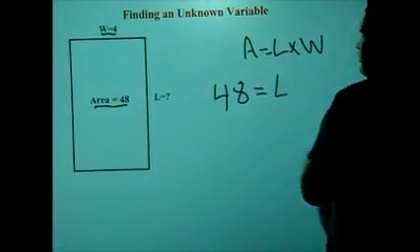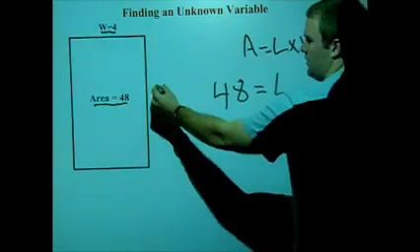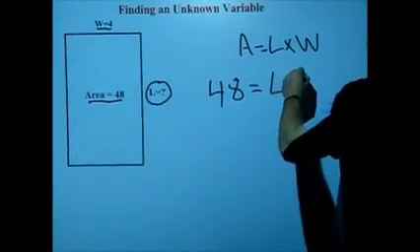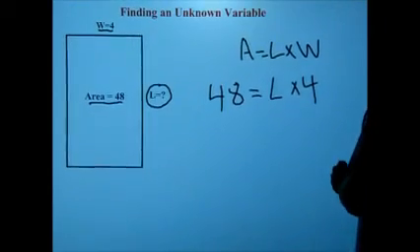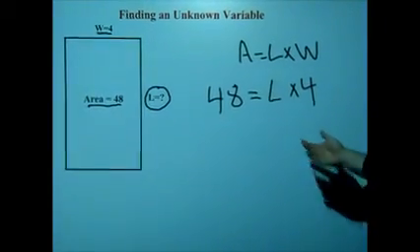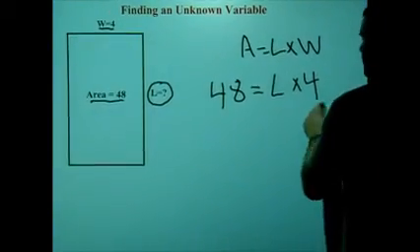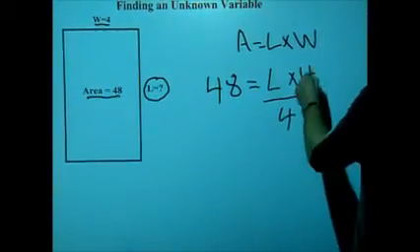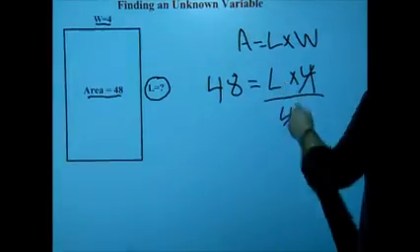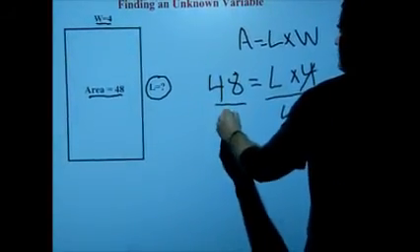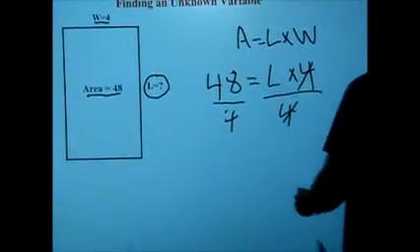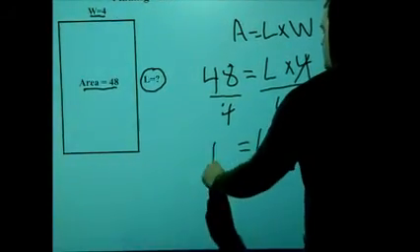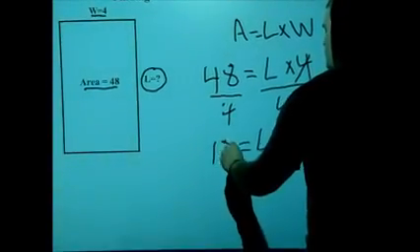So we write L, because that's what we're trying to find, times 4. So now all you have to do is solve for L. You divide this side by 4, which the 4's cancel out, and all you're left with is L. And you divide this side by 4. So when you divide that out, you get L is equal to 12.